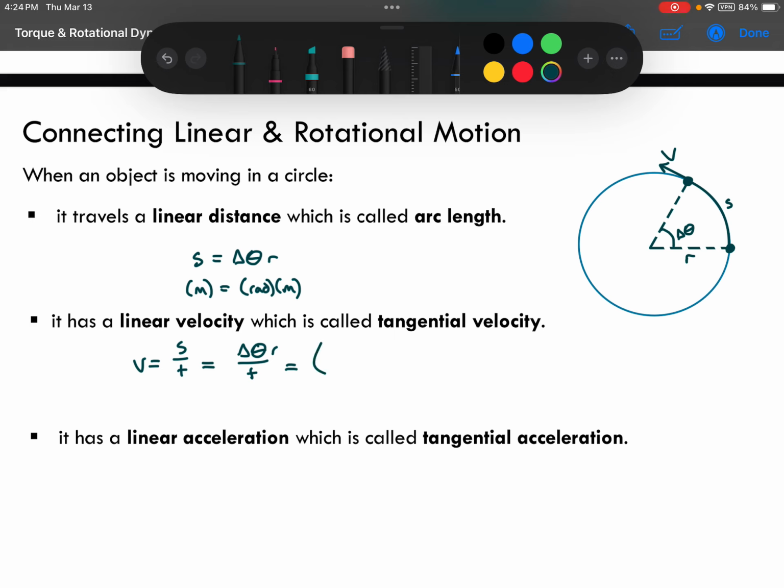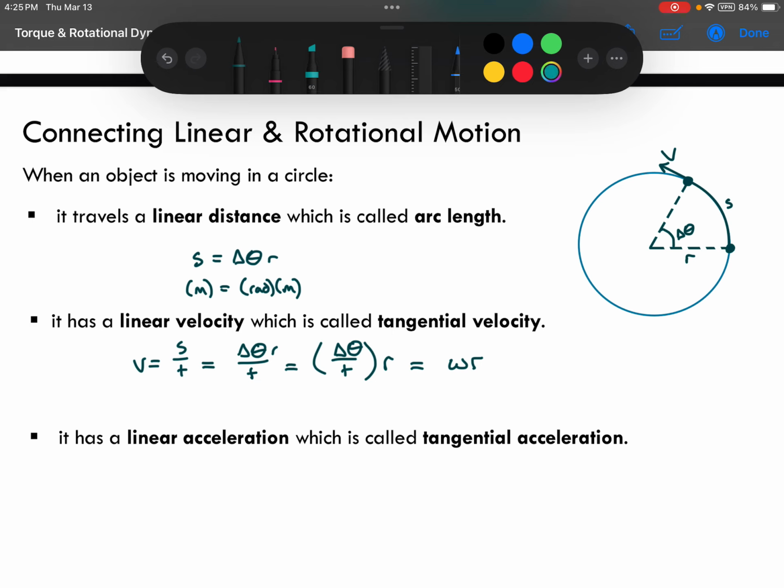I'm just going to separate this out a little bit to show a relationship, a trend we're going to be seeing. Delta theta over t was our angular velocity. So the linear velocity is equal to the angular velocity times the radius of the circle.